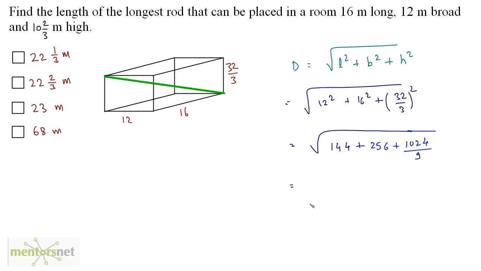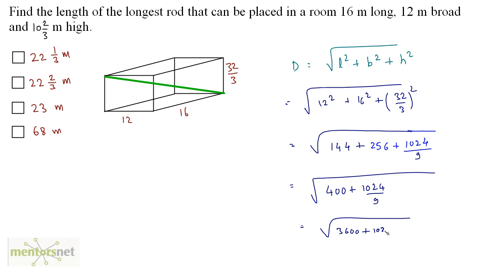So we have this thing ready. So this is under root of 400 plus 1024 by 9. Now this can be written as, 4 9s are 36, so this is 3600 plus 1024 by 9.